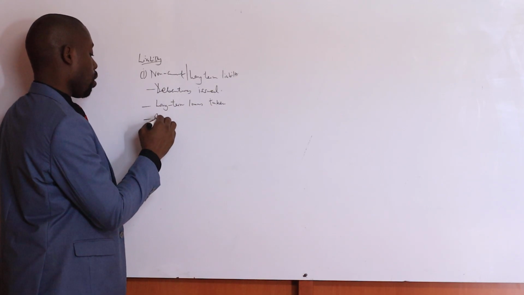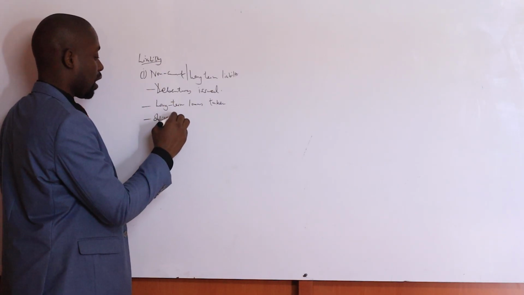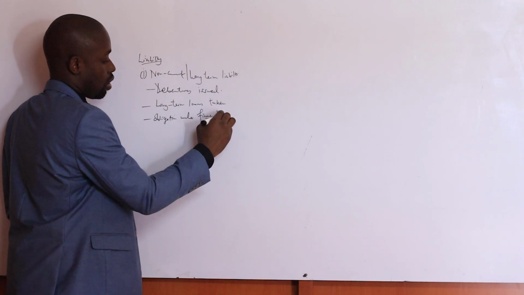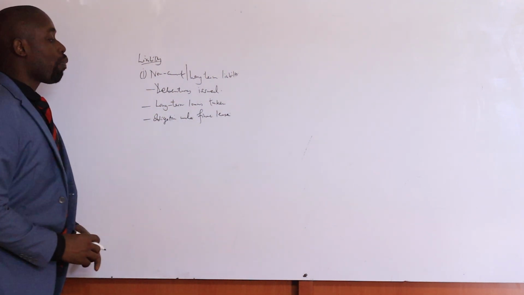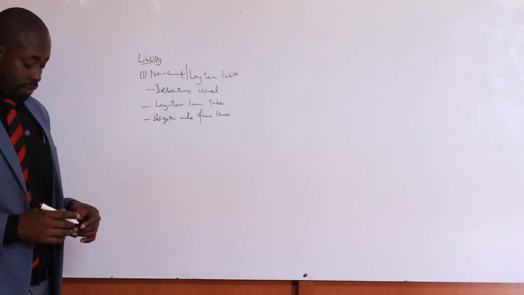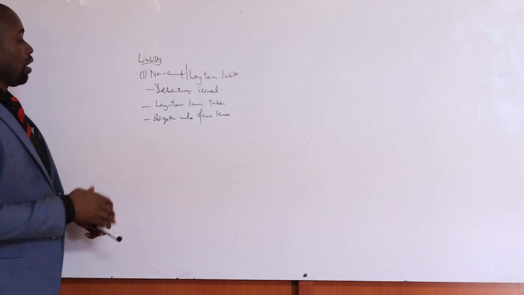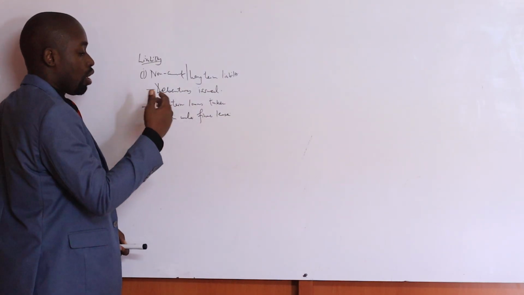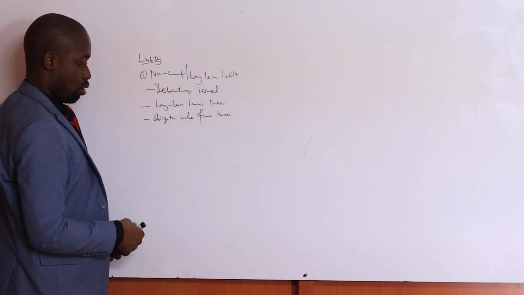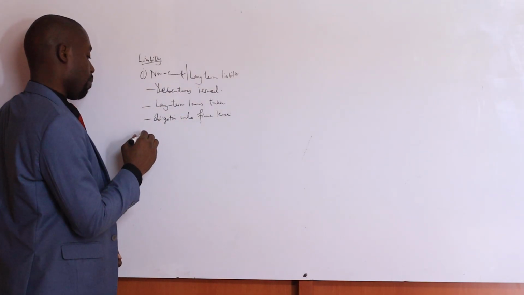We've got what you call obligation under finance lease. That is rental payments that are long-term in nature for a lease you've taken for a longer period of time. So that's the rent that is due in the long run. It's called obligation under finance lease, a long-term liability.